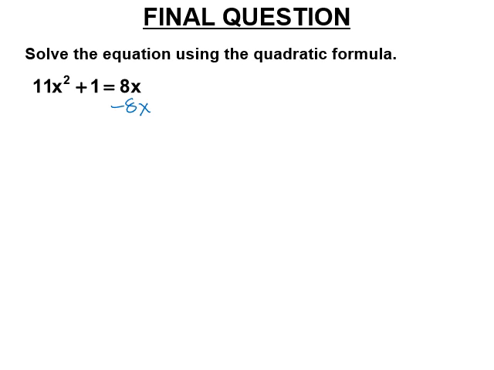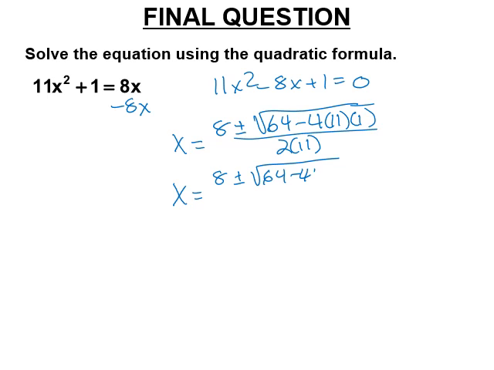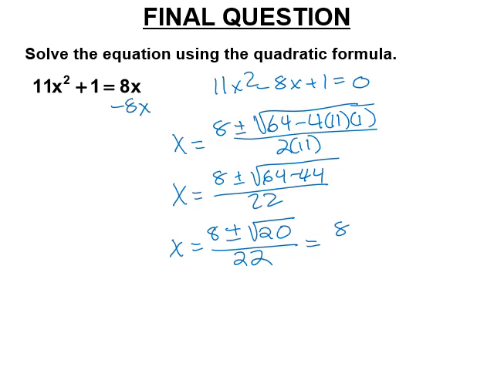Remember, these have to equal 0 before you can do this. Square root of 20 can be simplified to the square root of 4 times the square root of 5.